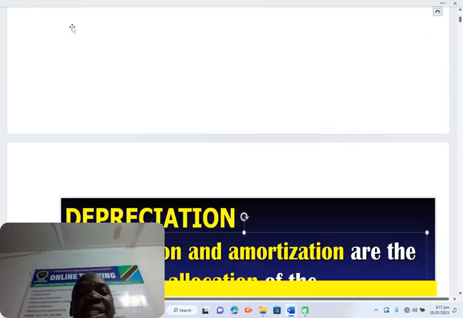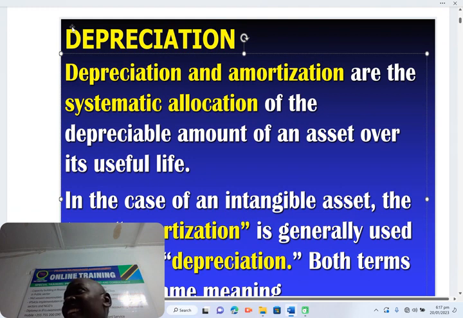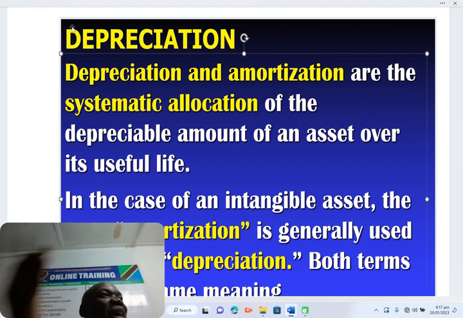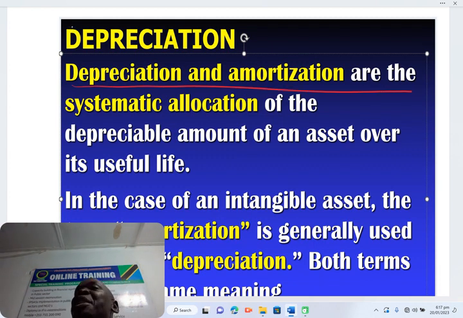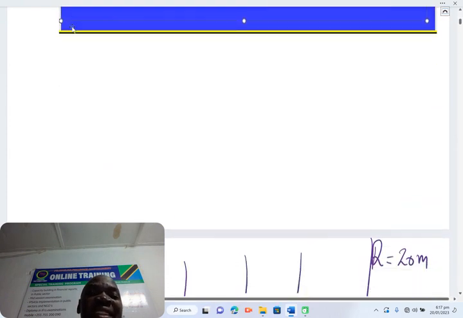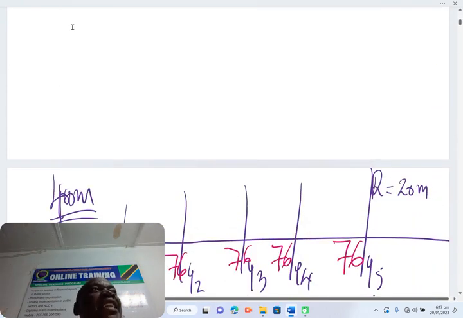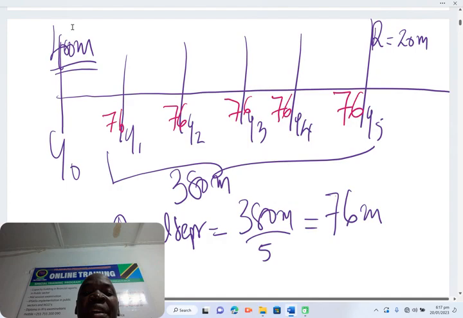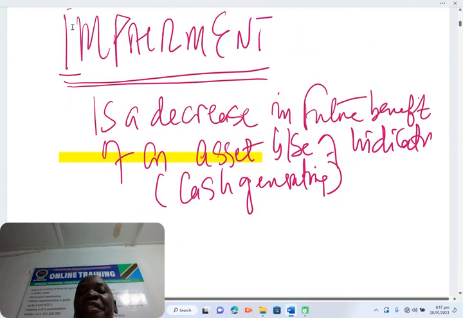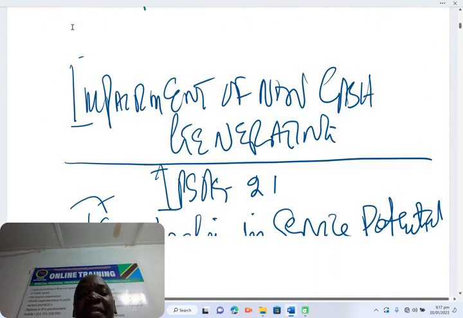So we had to discuss depreciation in contrast to what is happening in impairment. Depreciation, you just allocate a depreciable amount over the useful life of an asset. But impairment is a decline in service potential or a decline in economic benefit over and above the useful life of an asset.